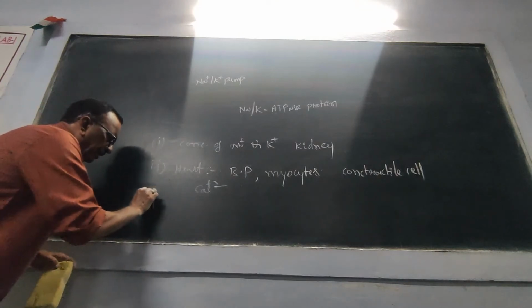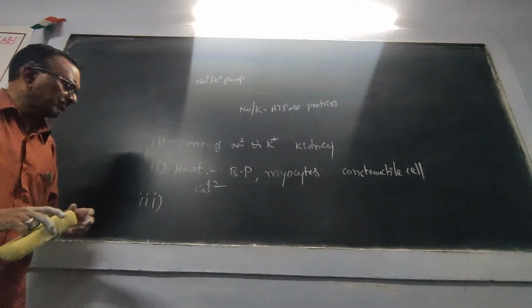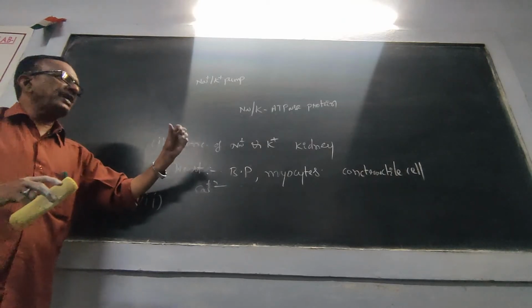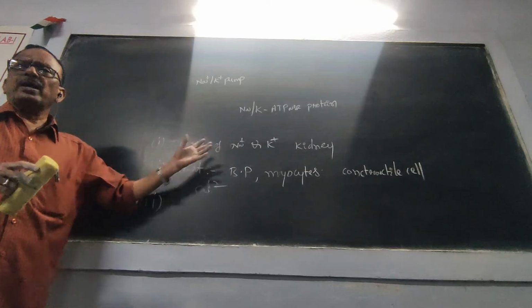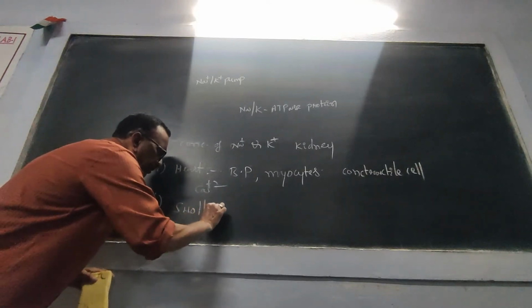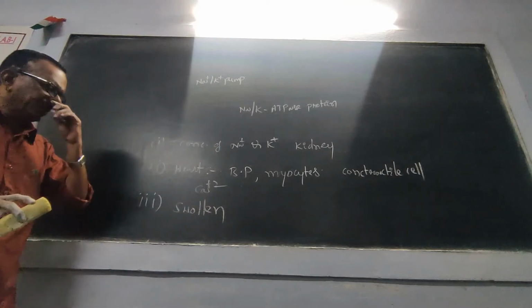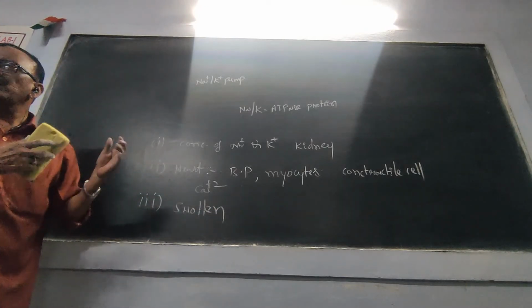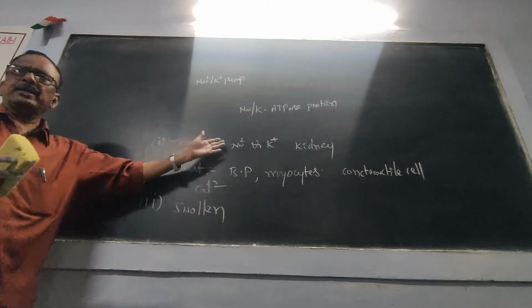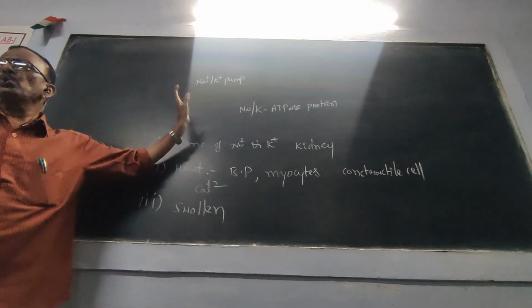Then third, last and final: suppose the sodium potassium pump fails to function, then what happens? The cells will swell, and that will damage the whole cell also. That means the cell volume is controlled by sodium potassium ions only.